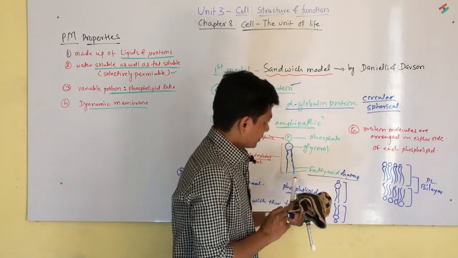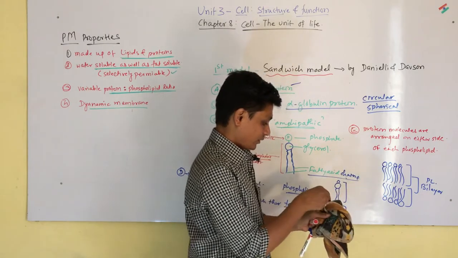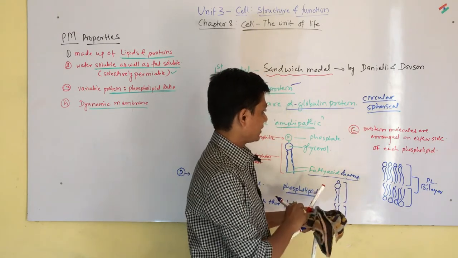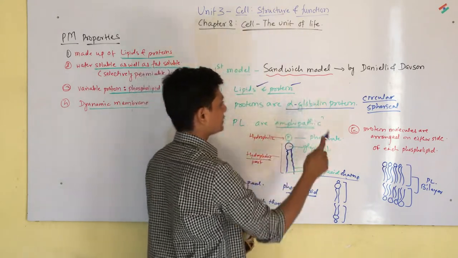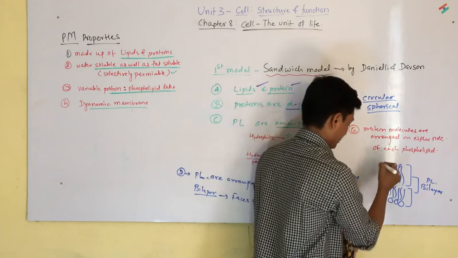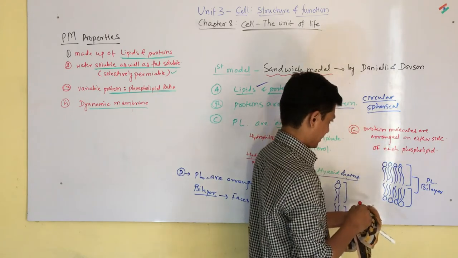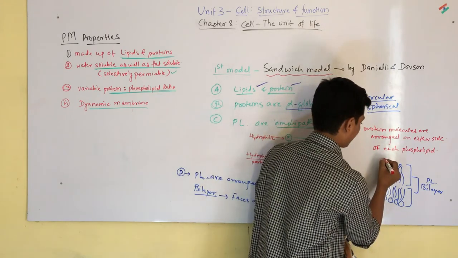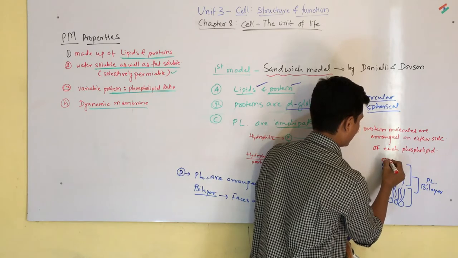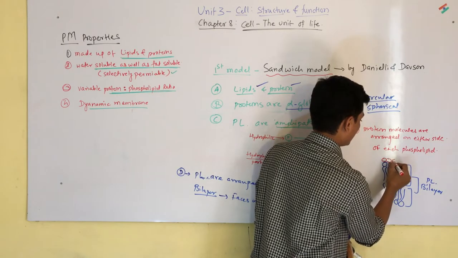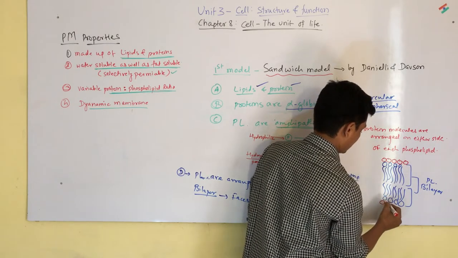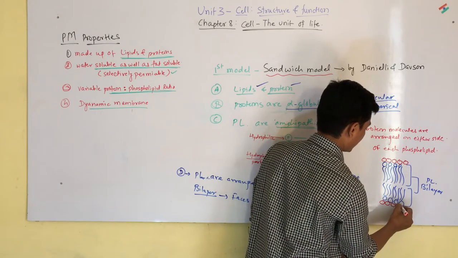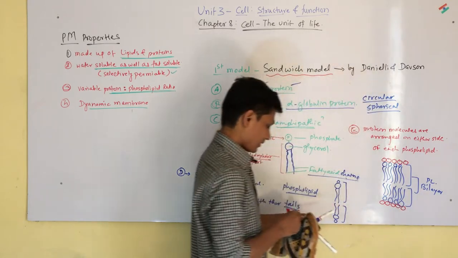And according to the fifth point, the protein molecules, which are spherical alpha globulin proteins, are arranged here, 1 2 3 4 5, likewise on either side of the phospholipids.